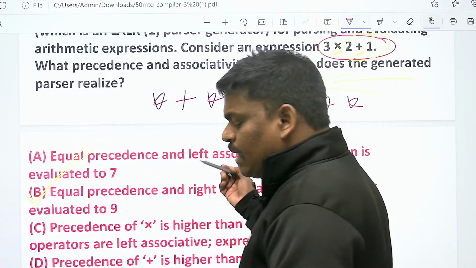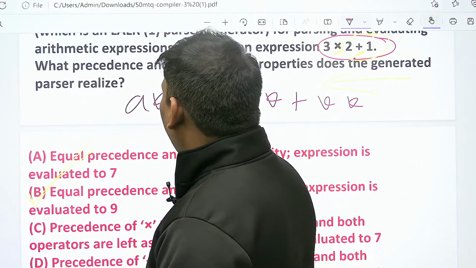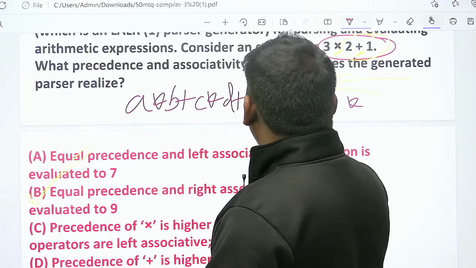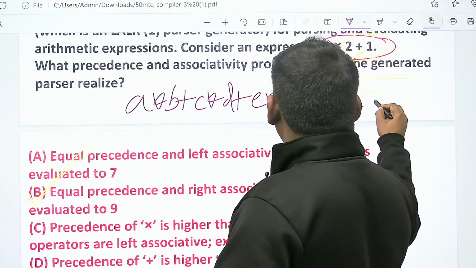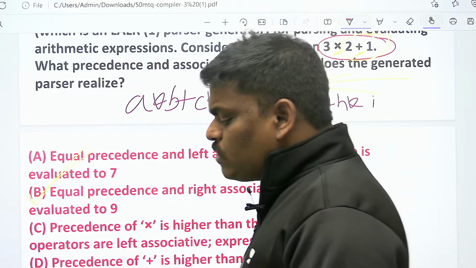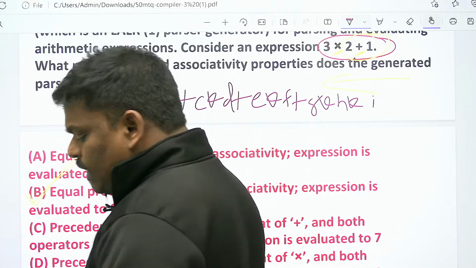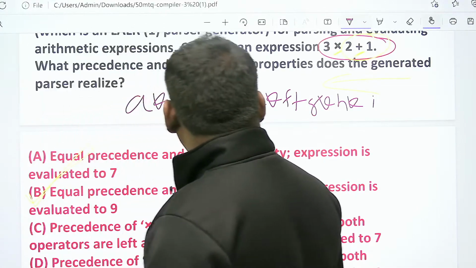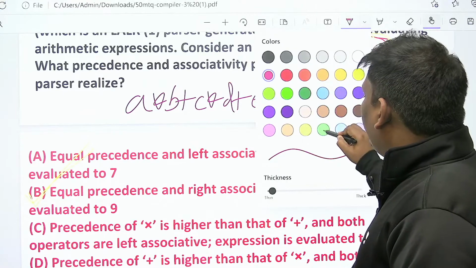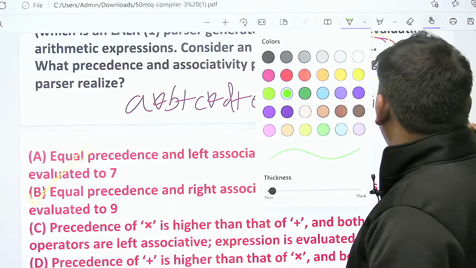Suppose some operands are there. It may be A, B, C, D, E, F, G, H, I. Can you guess which one will be done first? Remember the last star, so the last one will be done first.